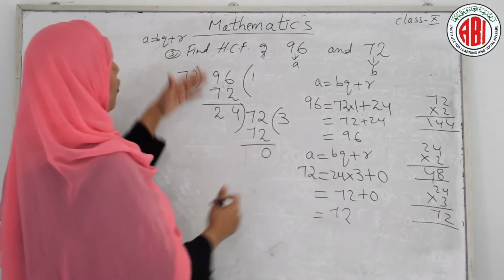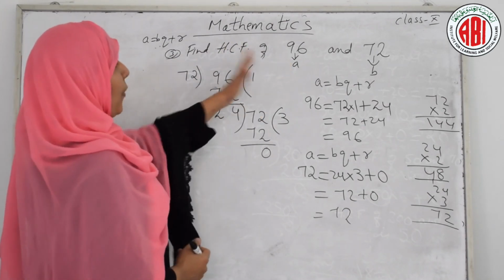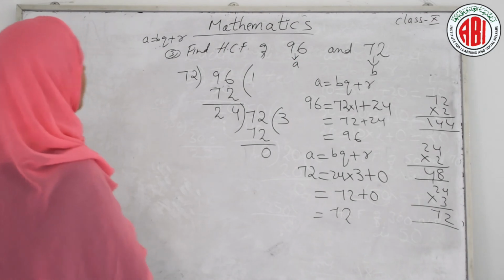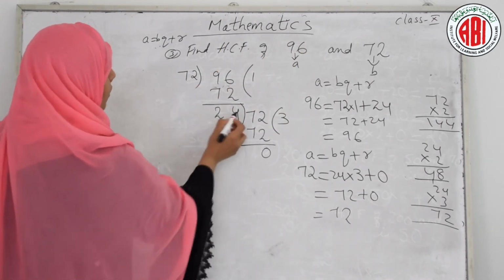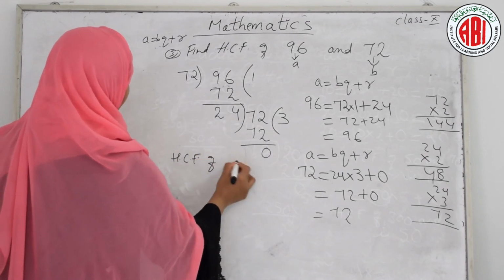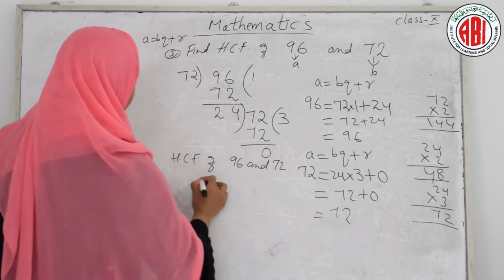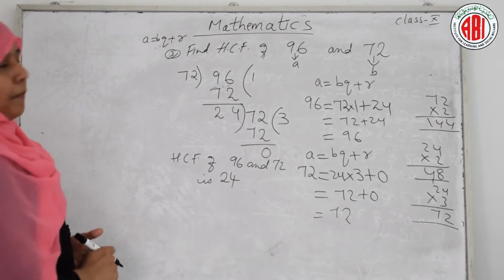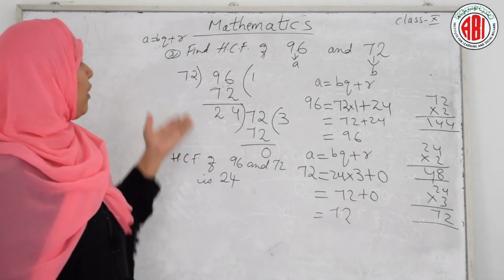But what we have to do here is find the HCF, the highest common factor of both these numbers. This is the division method to find it. So HCF of 96 and 72 is 24. So 24 is the answer. Hope you have understood, because we have done 3 examples of HCF.